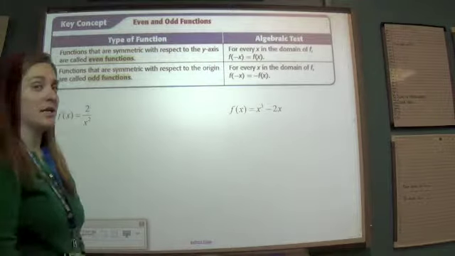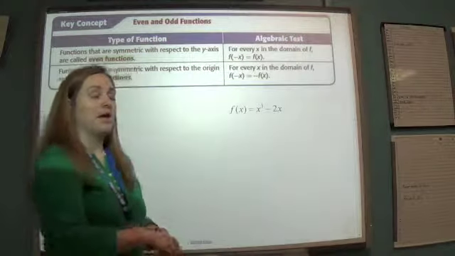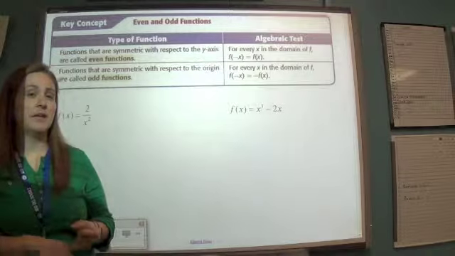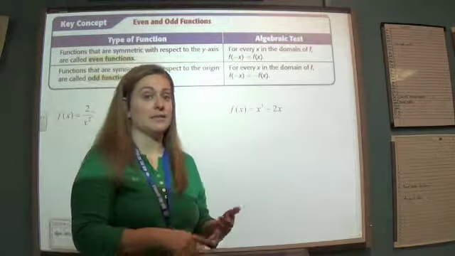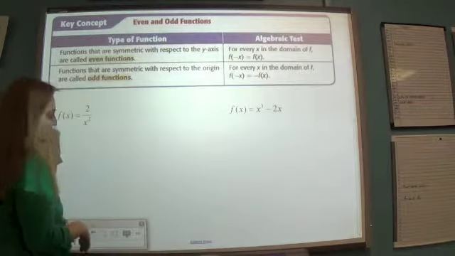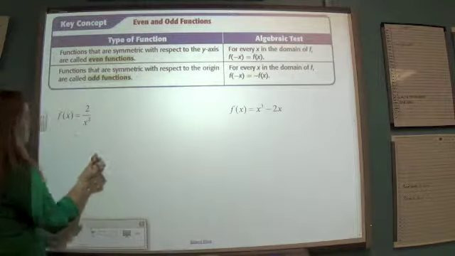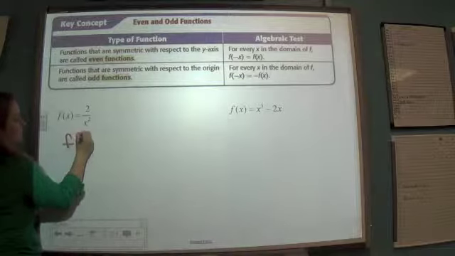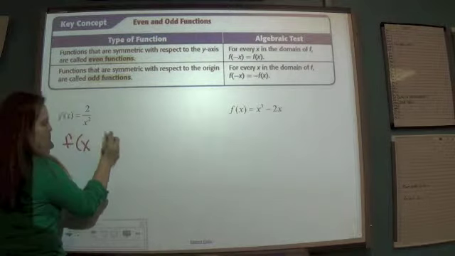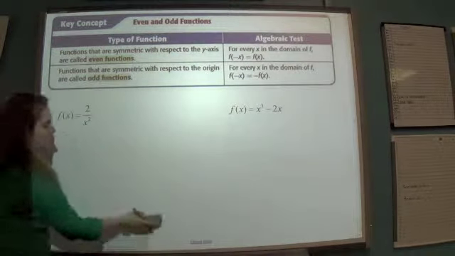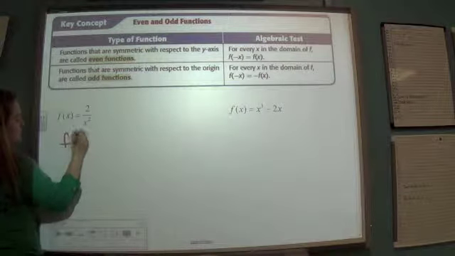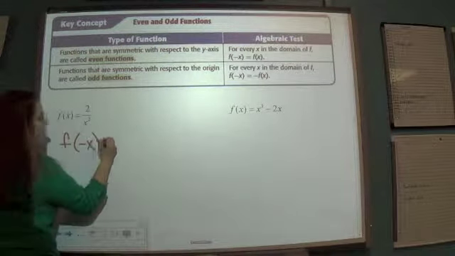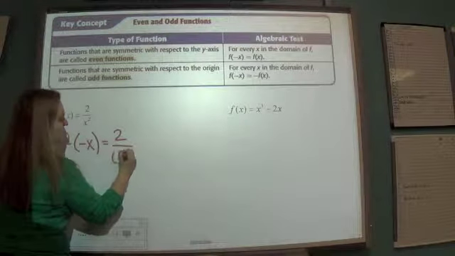All right, odd and even functions. This is the big one. An odd function is symmetric to the origin. An even function is symmetric to the y-axis. So we're going to do this one first. The original equation is f of x, and we're going to plug in negative x: 2 over negative x squared.